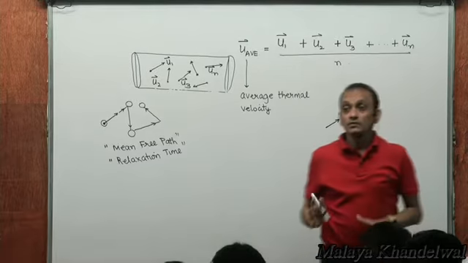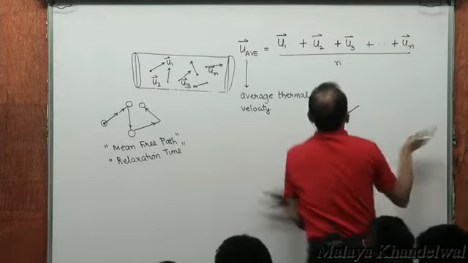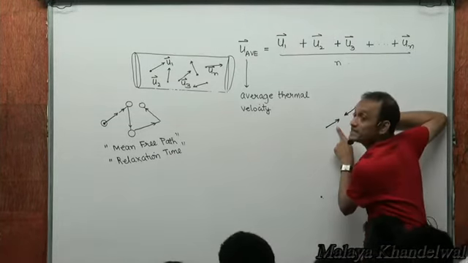And essentially then, the vector sum of these velocities would be 0. So the average thermal velocity, not speed, has to be 0.